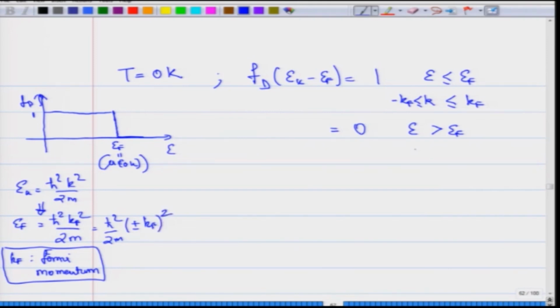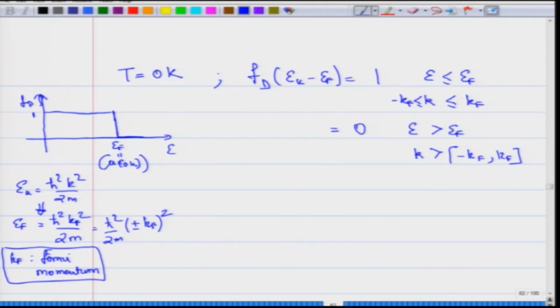And for those momenta which are outside the range of plus minus kF, the Fermi-Dirac distribution will be equal to 0. So, the momenta between plus minus kF will have 100% occupancy, because that is what the Fermi-Dirac distribution says.